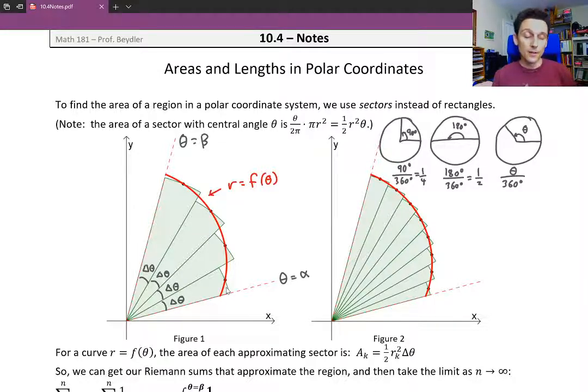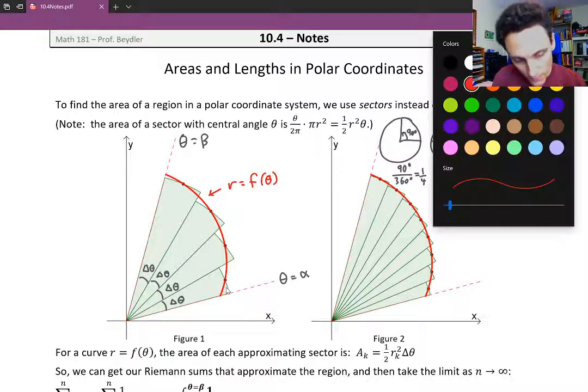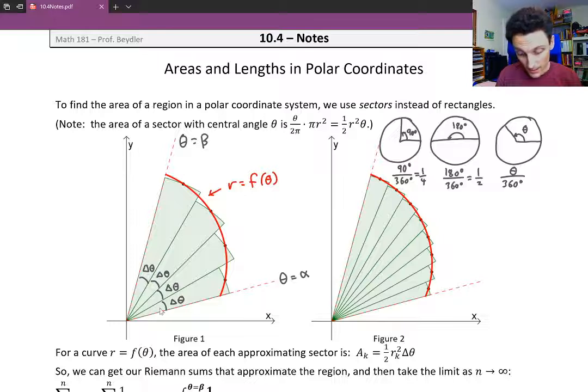Remember that to write a polar function, usually we try to solve for r as a function of theta. That way it'll be a function in a polar sense. So now we're going to take a theta value inside the first subinterval, plug it into this polar function, and get the radius at that theta value. We can label it like this. This is R1, we'll call it.